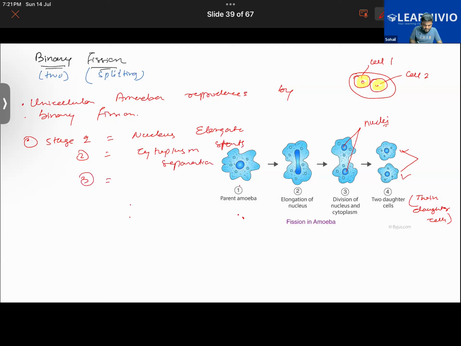In the third stage, the cell has split into two daughter cells. The important thing we have learned is that the two daughter cells have the same genetic material, so they are identical in nature. So daughter cells are identical.